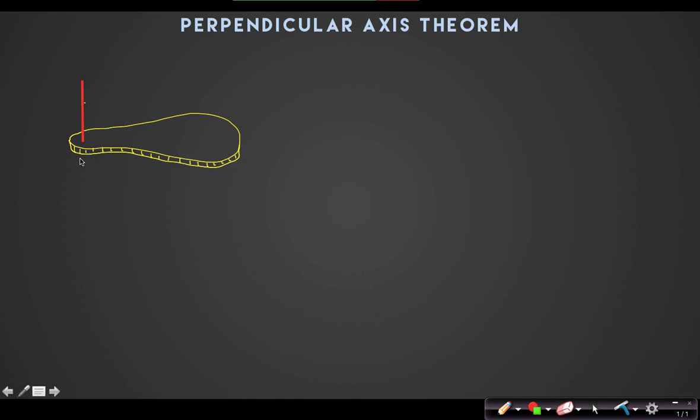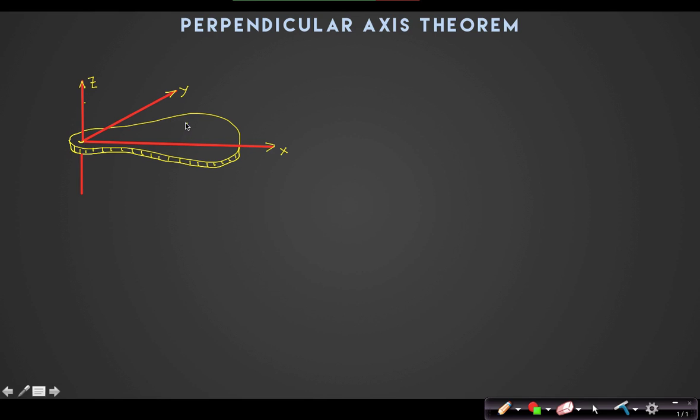I have drawn another two axes also. So suppose it is the x-axis, it is the y-axis, and it is the z-axis. The z-axis is the axis of rotation. About this point it is rotating.